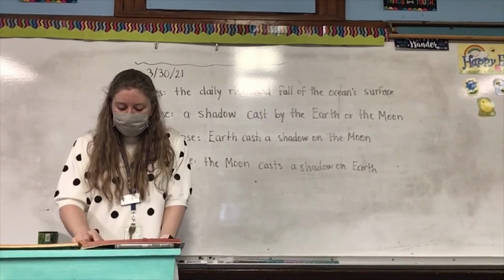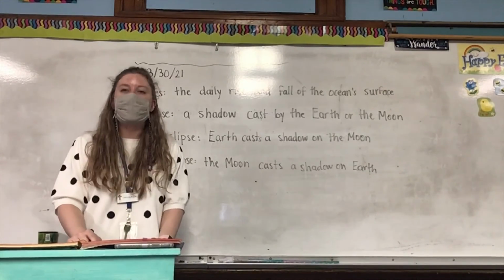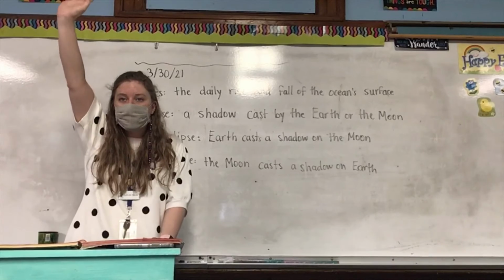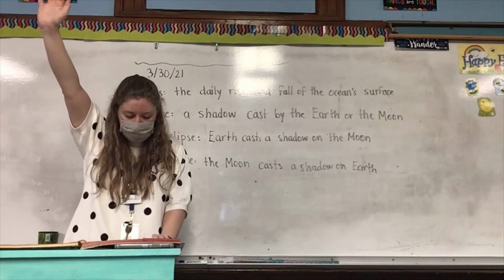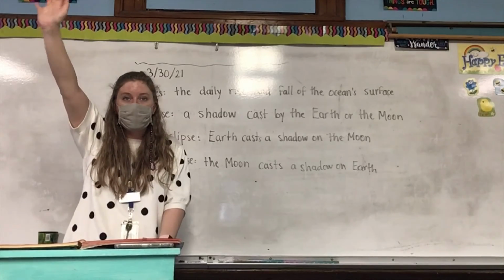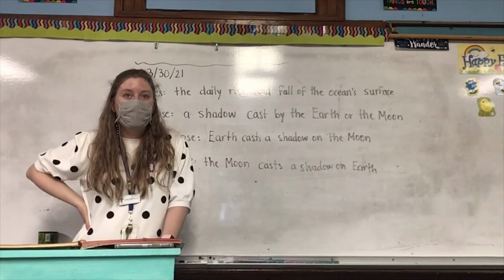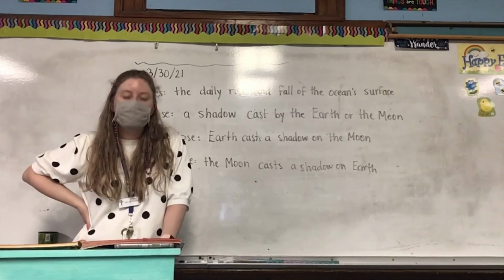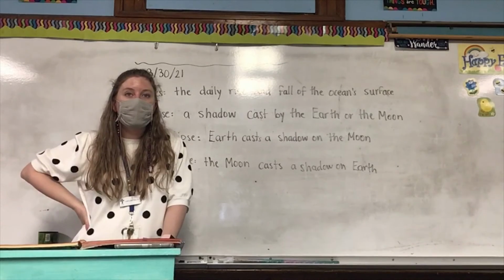So let's answer this compare and contrast question at the bottom. How is a lunar eclipse like a solar eclipse? Somebody compare a lunar eclipse to a solar eclipse. Lena, how are they alike? They're both eclipses. Okay, what does that mean? Well, tell me how they're alike.